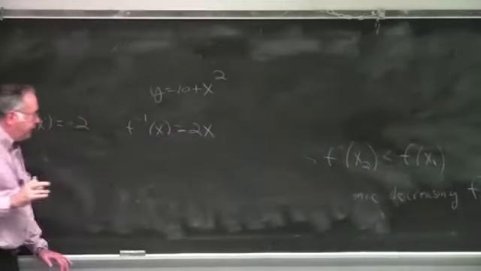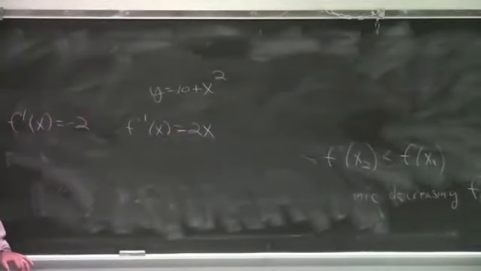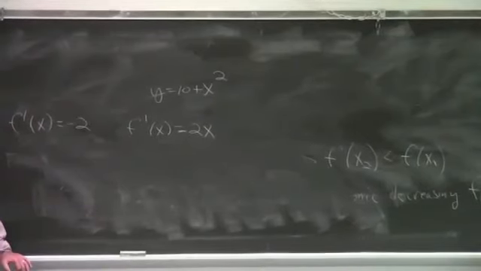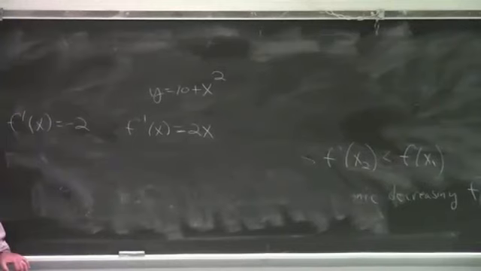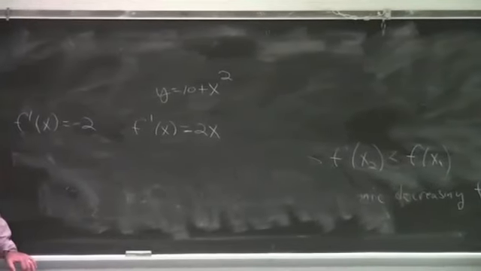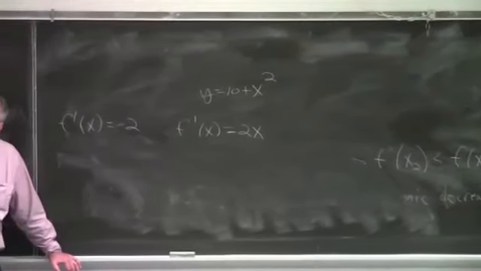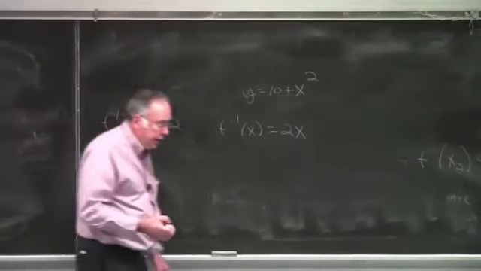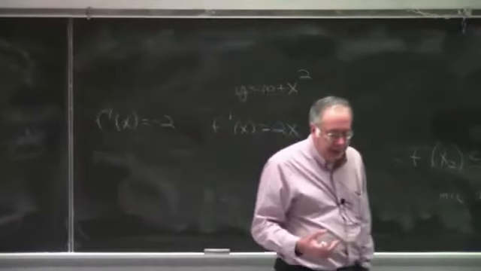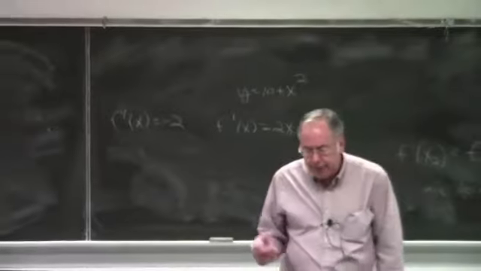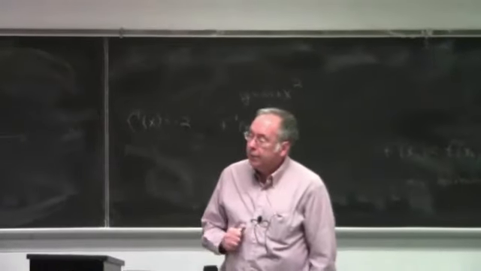Now, in order for this function to be monotonic, the first derivative has to be positive for all values of x. That's clearly not the case, because suppose x is negative, then the derivative is negative. x is positive, derivative is positive. So this function is not monotonic, because the first derivative can be positive or negative, or even 0.